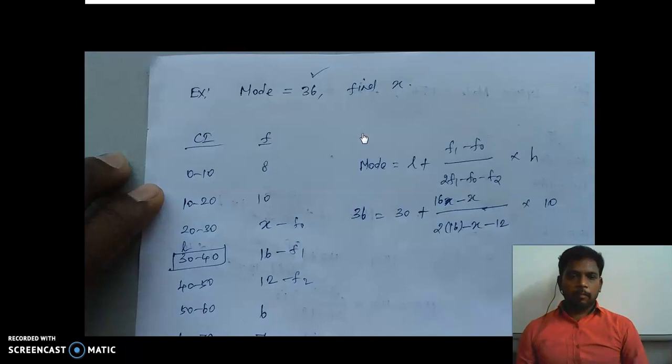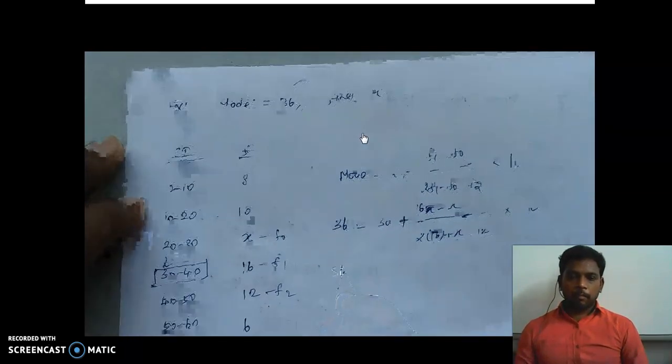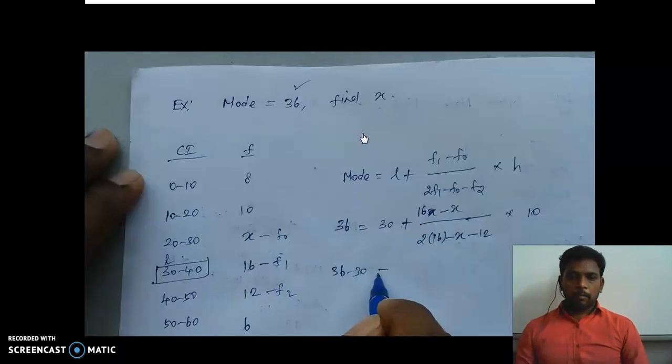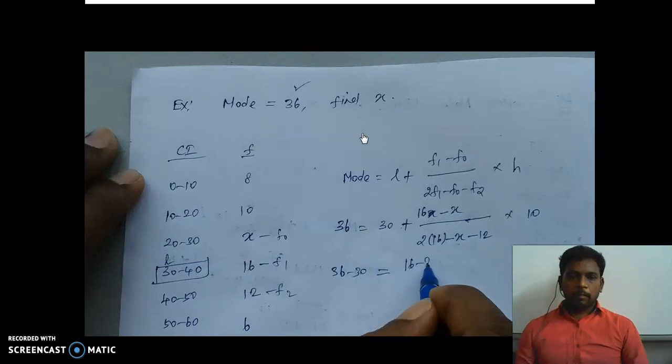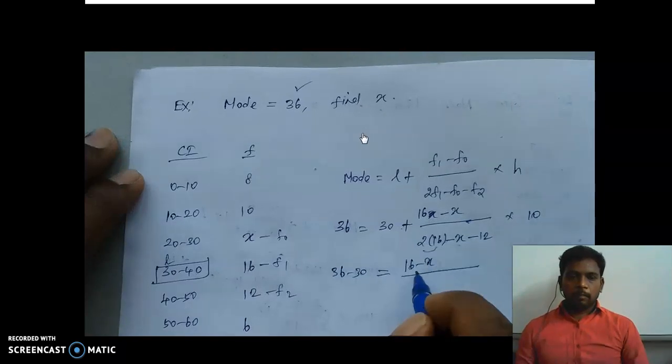Right, now simplify this. Bring the 30 to the left hand side. So 36 minus 30 equal to (x minus 16) divided by, multiplying these two, (2x minus 16 minus 12) into 10.